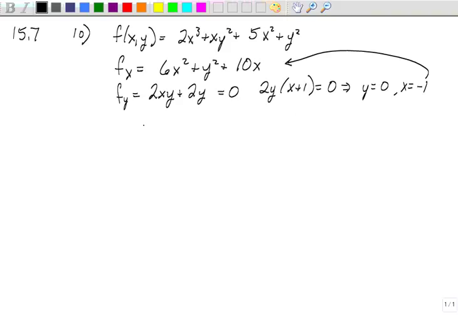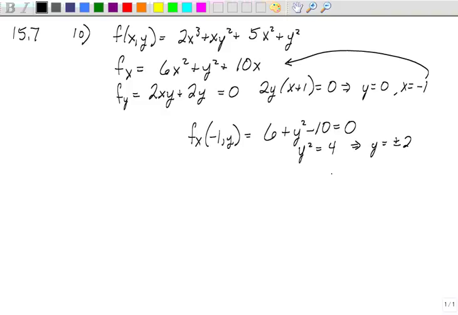When x is negative 1, we have f of x negative 1, y. That's going to be 6 plus y squared minus 10 equals 0. We get y squared equals 4. y equals plus or minus 2.